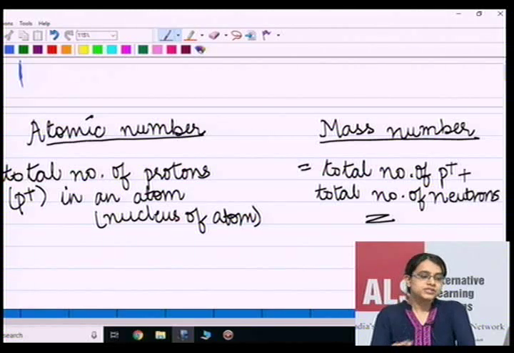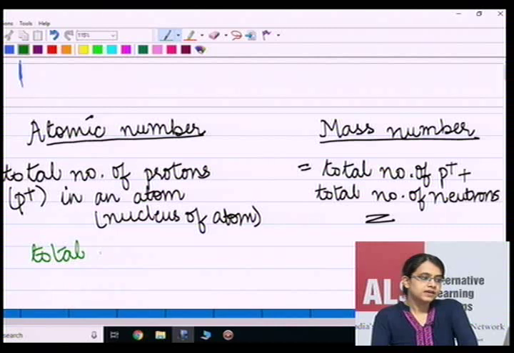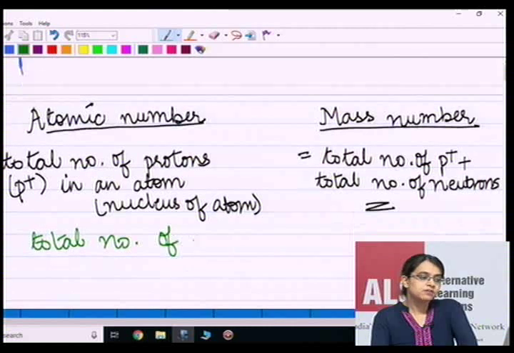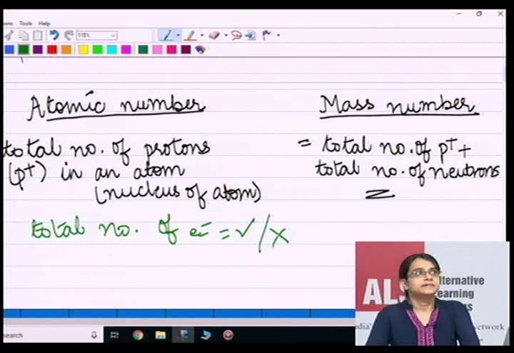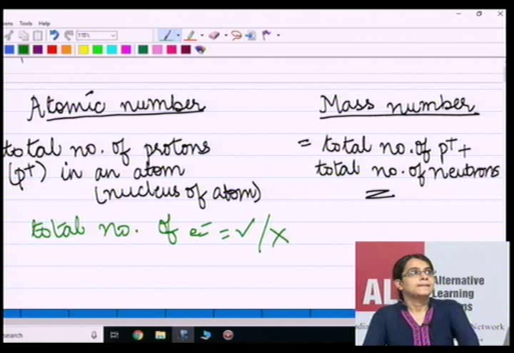One more quick question that I have for you is, is atomic number also equal to the number of electrons that we have or not? If I say that atomic number is equal to the total number of electrons, then is this correct or is it incorrect? Okay. Kohima says yes. Shillong says yes.